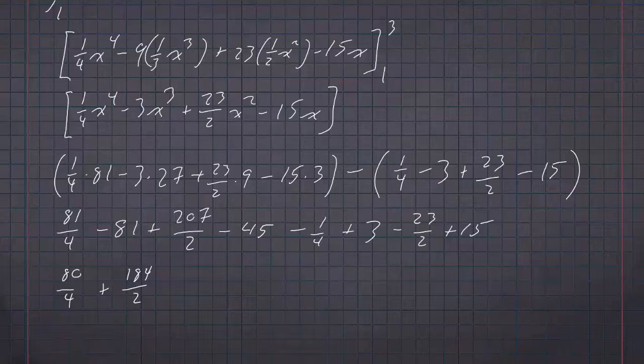And then we'll just deal with the whole numbers. Minus 81 and minus 45 is minus 126. Plus 3 is minus 123. Plus 15 is minus 108.